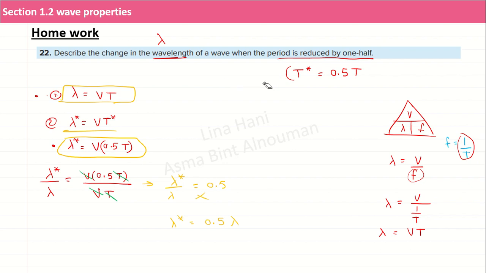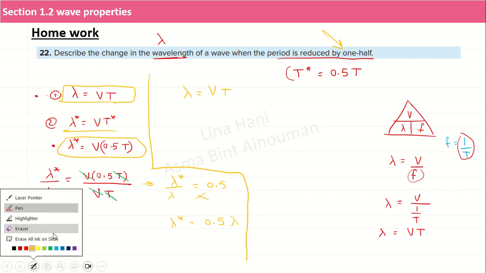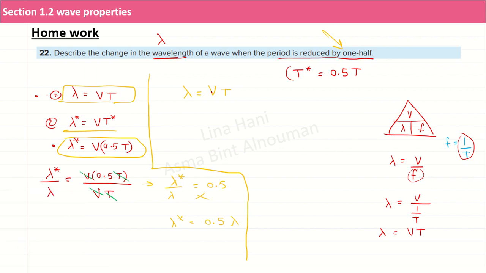Of course, there's another way of finding this, which is seeing what number entered the equation. So this is the equation that links between wavelength and period. You can see that the number that entered is half. The period now is half its amount.